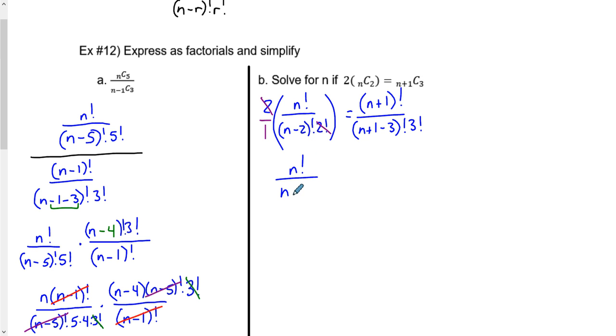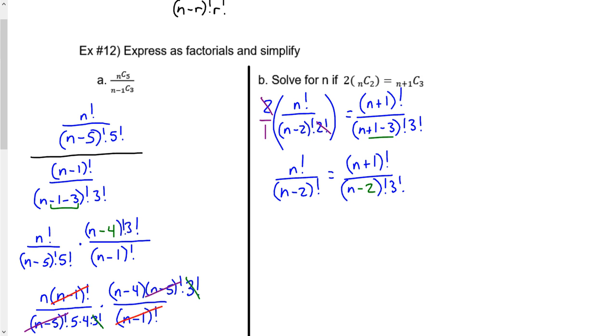So n factorial over n subtract 2 factorial equals n plus 1 factorial over, combining the plus 1 and subtract 3 will be a negative 2 factorial, 3 factorial.